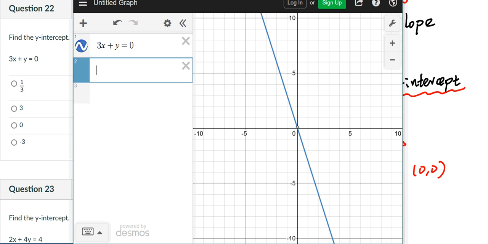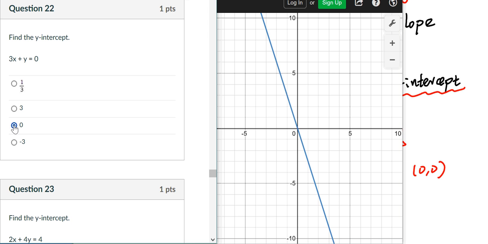It has an intercept with both x and y at the origin. So here the x-intercept is 0 as well, and the y-intercept is also 0. Okay? All right. So which one is our choice? This one.